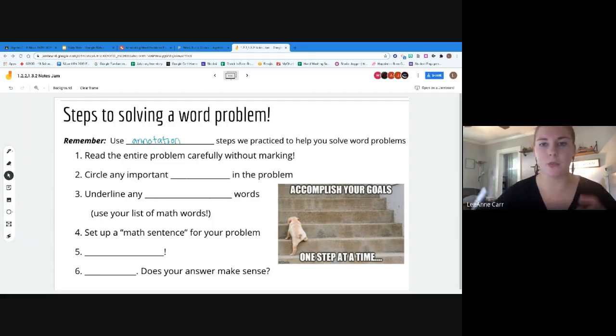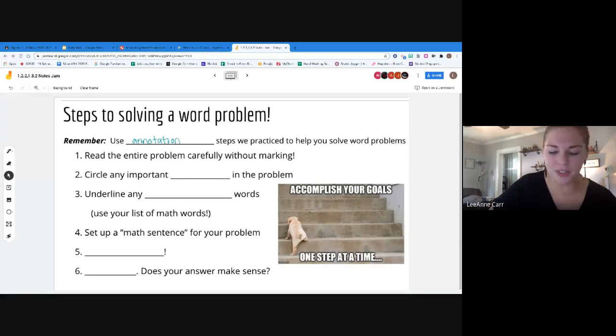We don't know what to write down. We don't know how to start solving the thing. And so what annotation does is it allows you to break it down, see what's important, set up your problem, and then you're just going through and solving a multi-step equation. Okay, so if you take it step by step, it's not as bad as it seems. Just trust me.